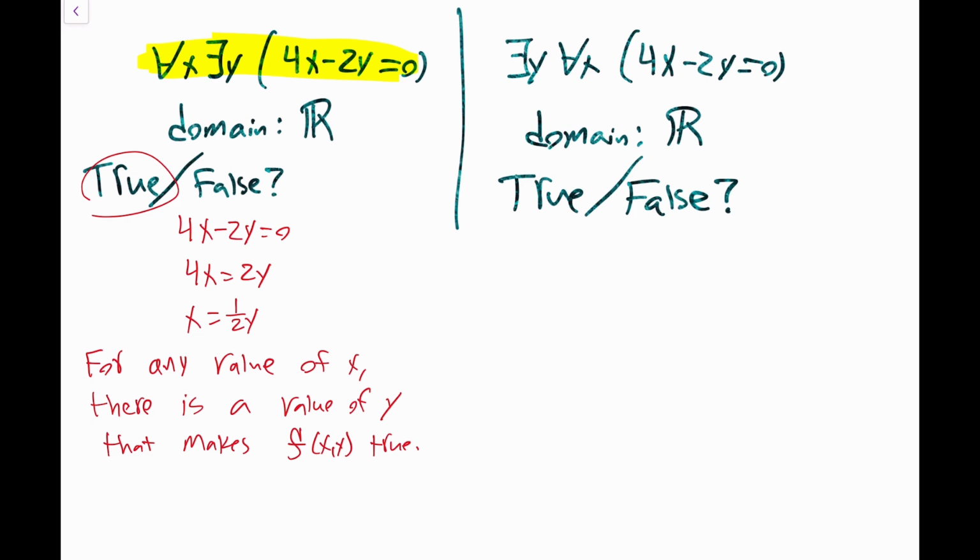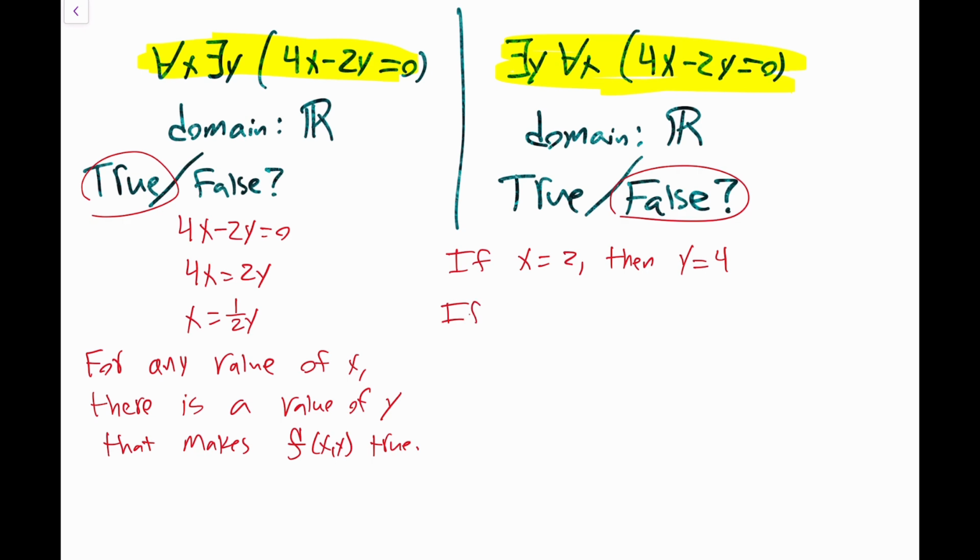But on the other hand, there exists a y such that for all x, 4x minus 2y equals 0. Is that true or false? So there is a single y value that makes that true for any x value? Well, that can't be. So for example, if x is equal to 2, then what would y be? Well, y would be 4.